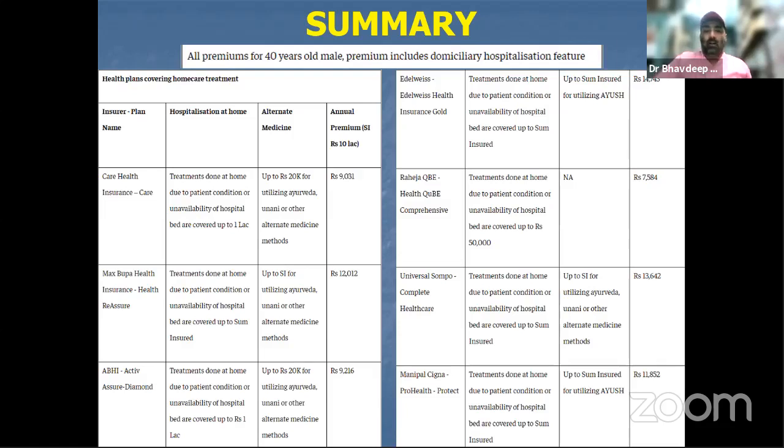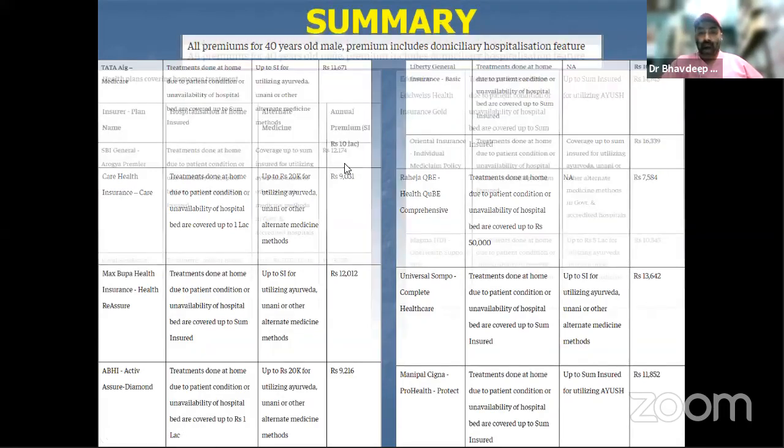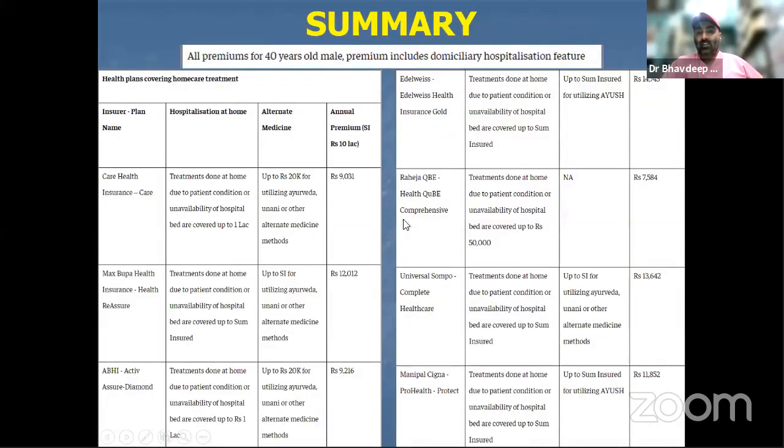So what would be the maximum expenditure? But the companies are actually building in almost 25% more in their premium. Some are building in even 30% more if you look at the basic plans. That is why we saw Raheja in that list of least preferred ones: the claim settlement ratio.